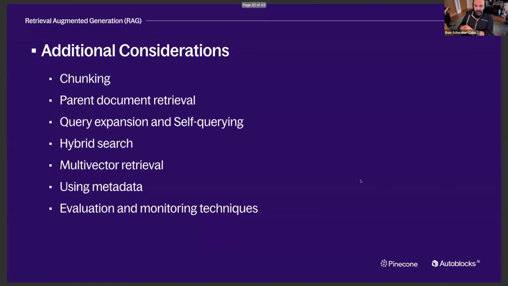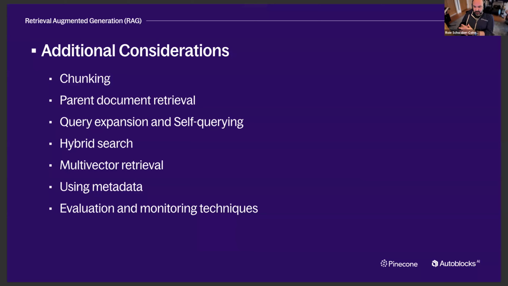Let's move on. So when we think about RAG applications, there are multiple considerations that we have to take into account. I'm not going to enumerate them right now. You can definitely ask about them in the Q&A portion.